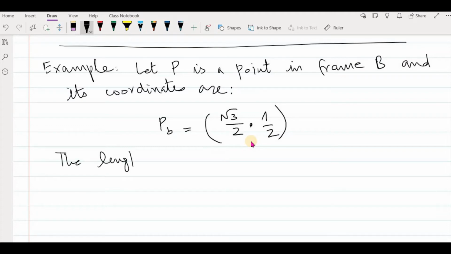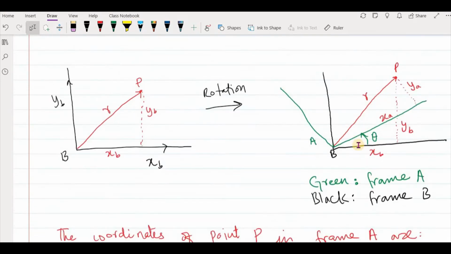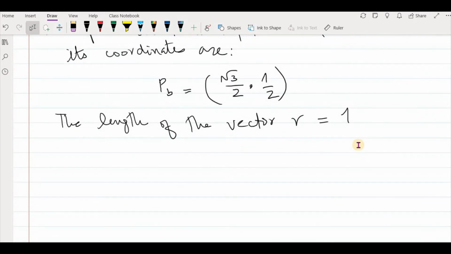The length of the vector r is equal to 1. So from the figure you can see here the r, this length is equal to 1. So this is a unit vector here. Okay.